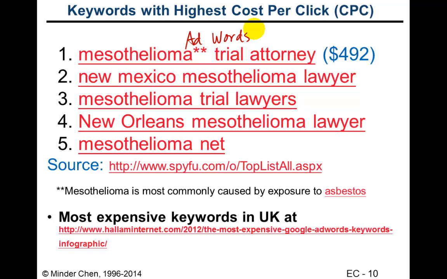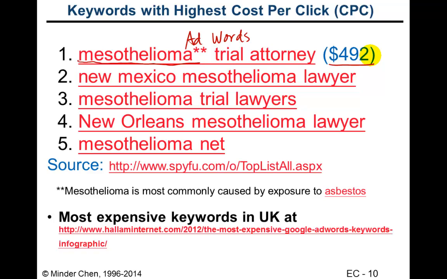Let's look at some of the expensive keywords. I found in one report by SpyFu that for mesothelioma, a medical term, trial attorneys pay $492 per click.